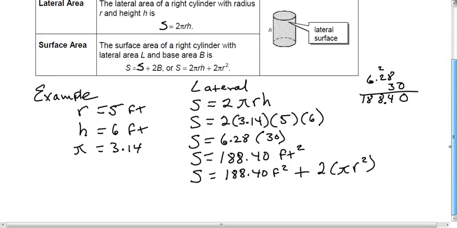So now all we have to do is continue on with our math. I'm going to go over to the side here to keep from doing a lot of work underneath so we don't run out of space.